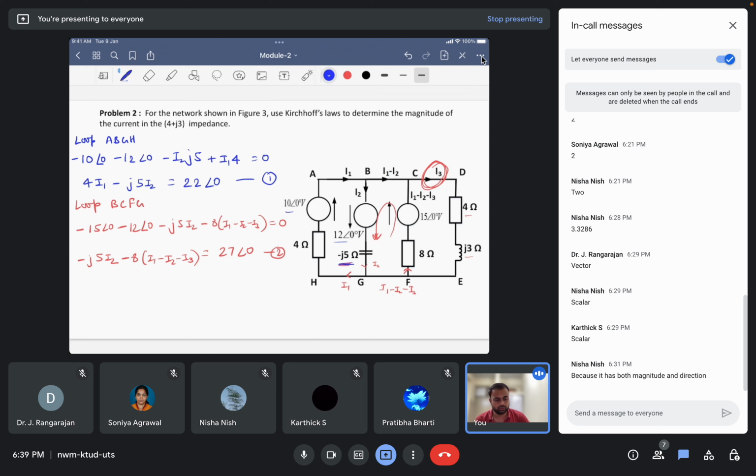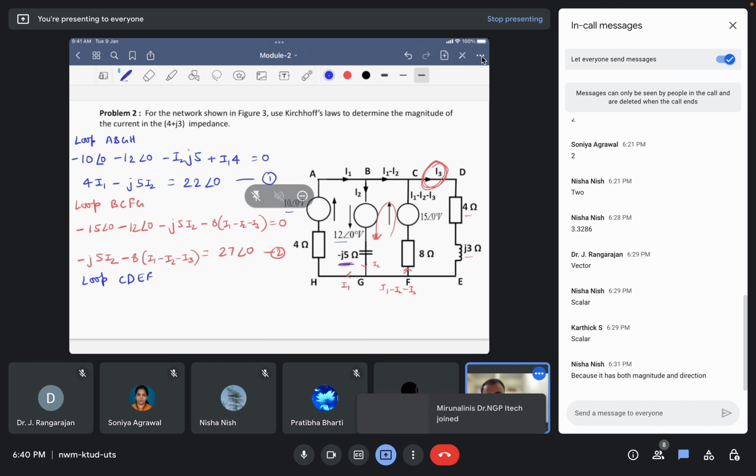Again for the third loop, for which we are finding I3, the loop is CDEF. We will write the source term first, that is minus 15, angle 0. Now writing the respective potential drops. First the potential drop across the resistor, that is minus 8 (I1 minus I2 minus I3), and similarly the potential drop across 4 ohm plus J3, that is the inductance.